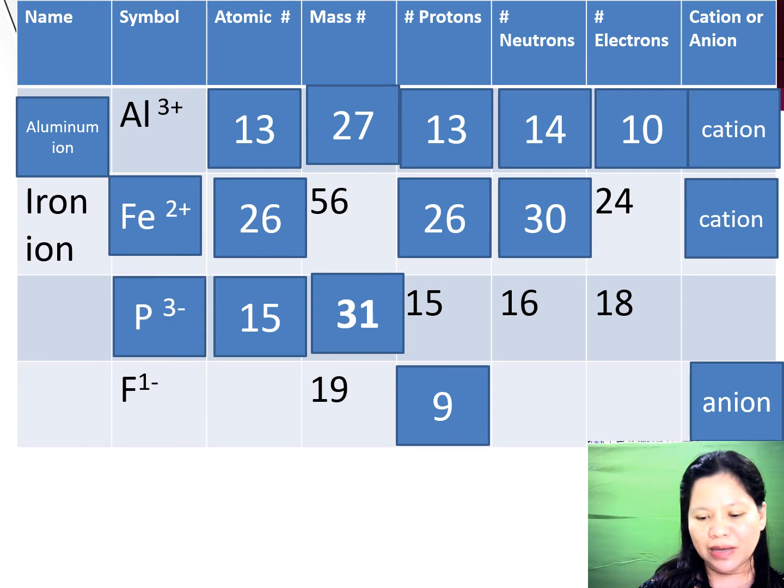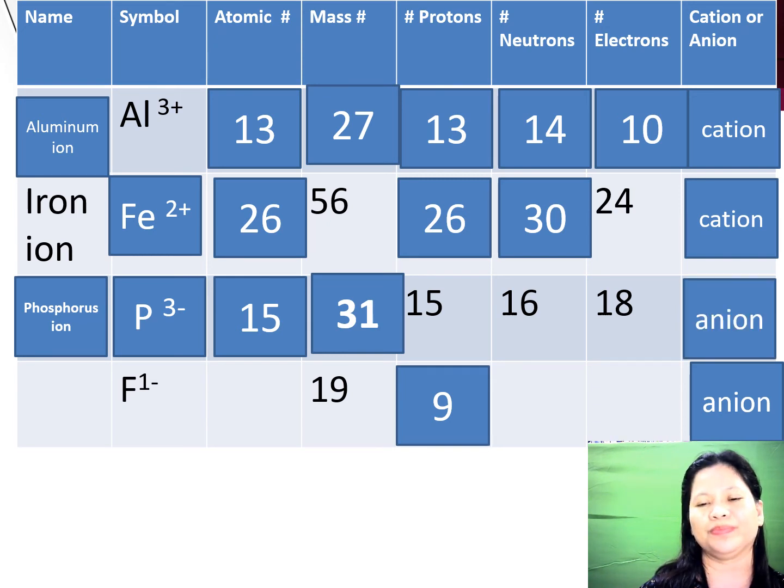So therefore, it is P 3 negative. So that is a negative ion. When it is a negative ion, it is the phosphide ion. Is it a cation or an anion? Okay, very good. That is an anion since it is negatively charged.